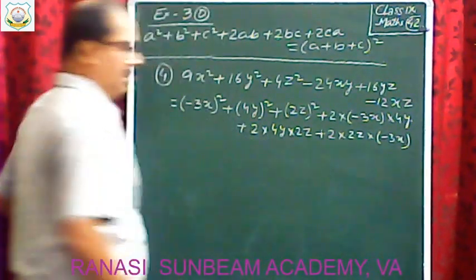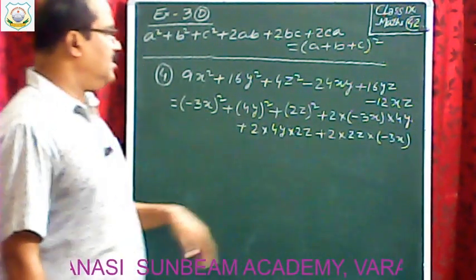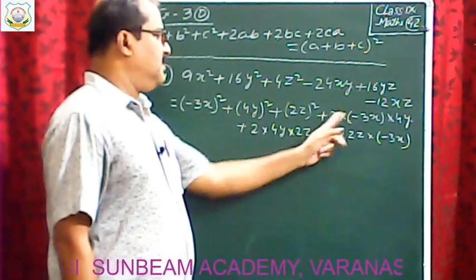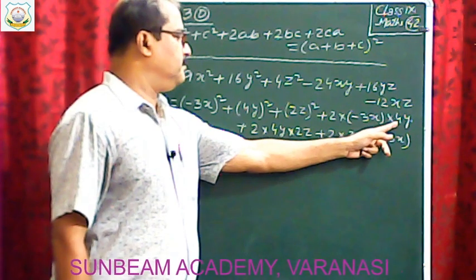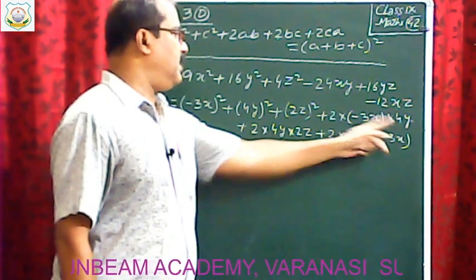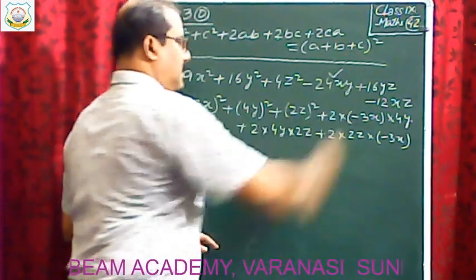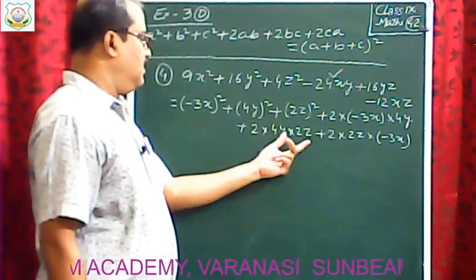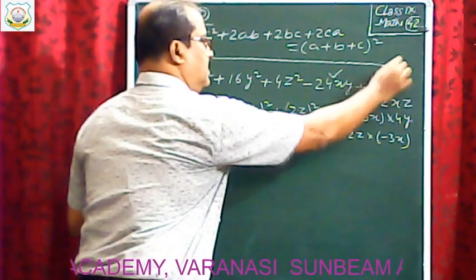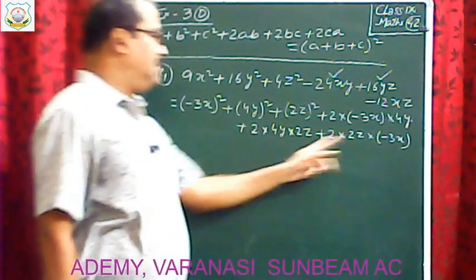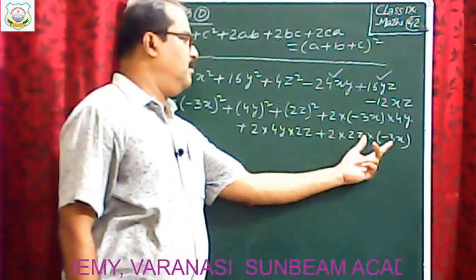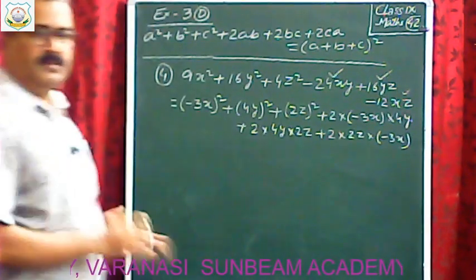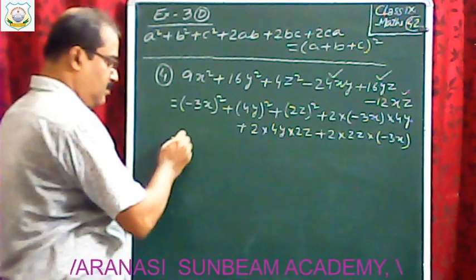Now we have to check whether the products match the given terms in the polynomial or not. Okay, plus minus minus 6 for the 12, 6 for the 24xy, so minus 24xy matched. 2 for the 8 to the 16yz, 16yz given, matched. Plus minus minus 4 to the 12zx, so minus 12zx matched. So all the terms matched with the given terms of the polynomial.